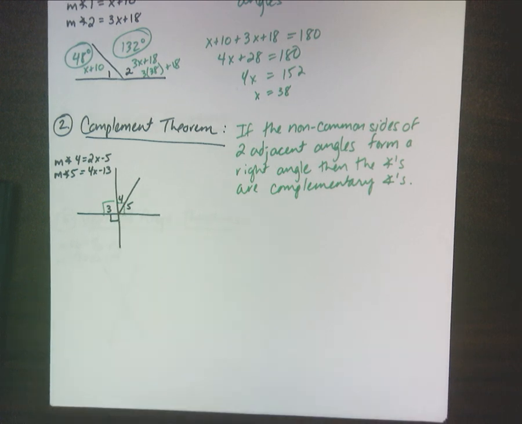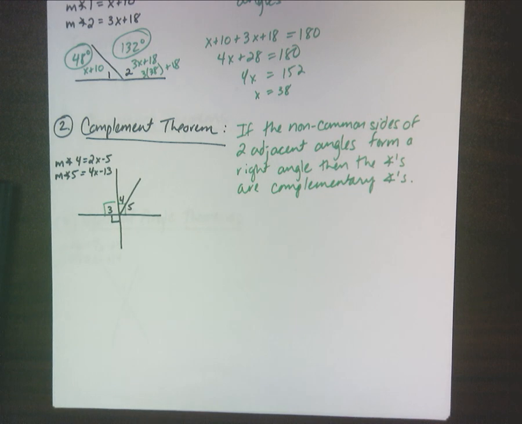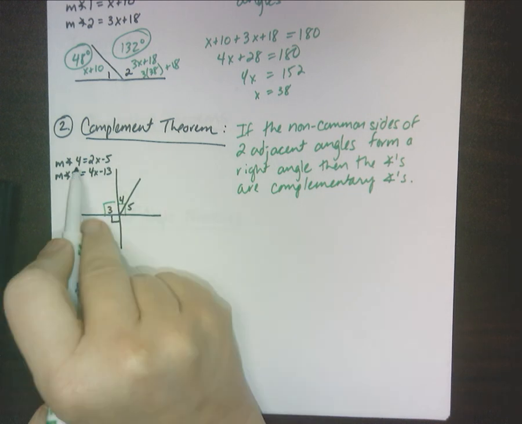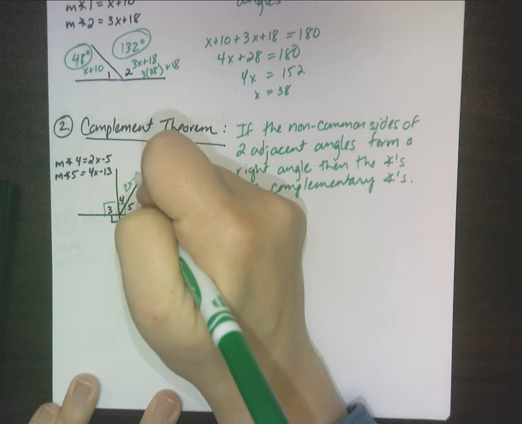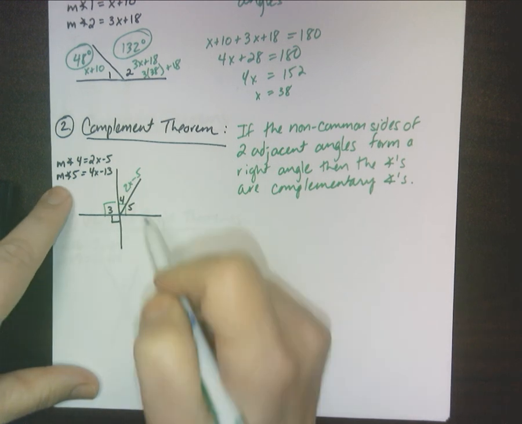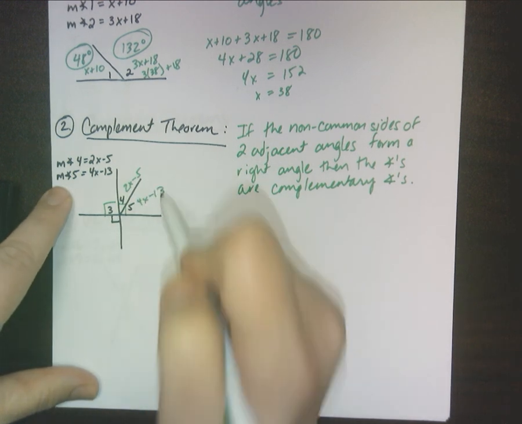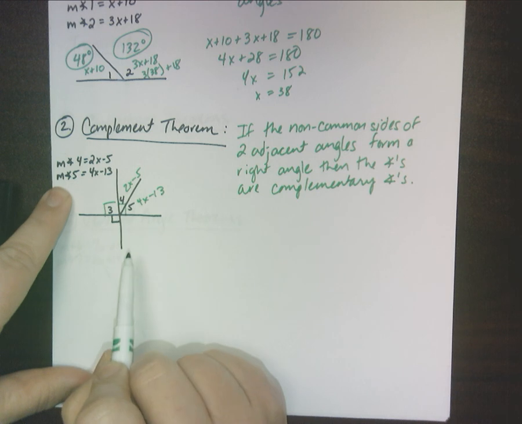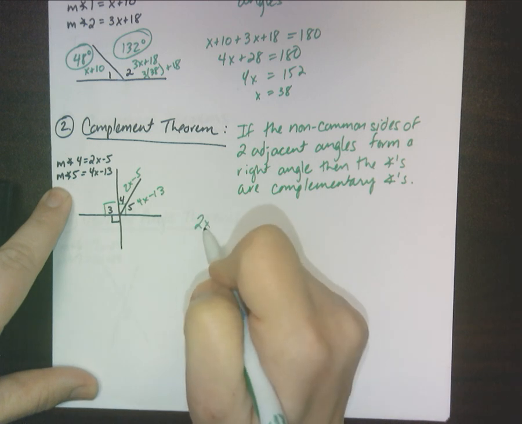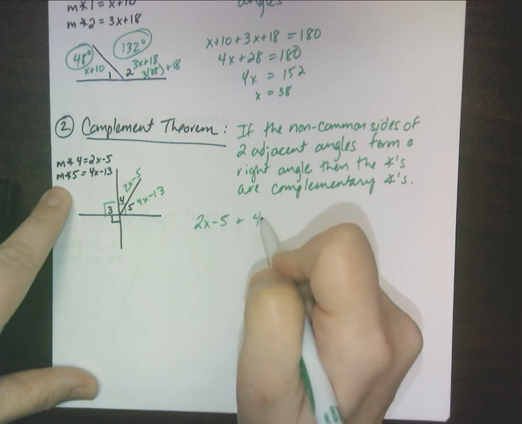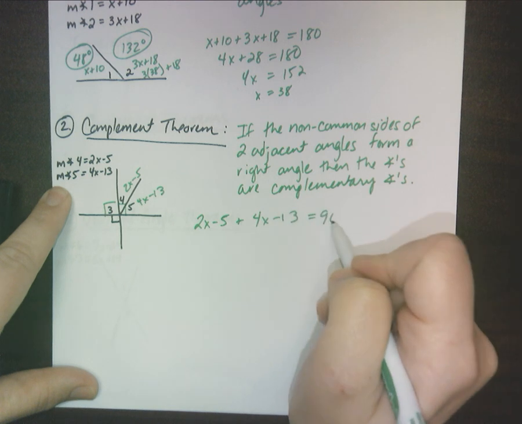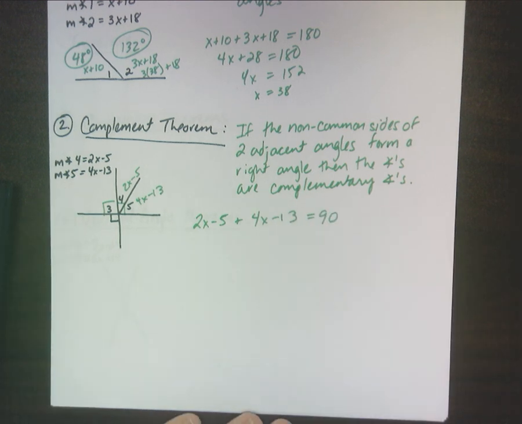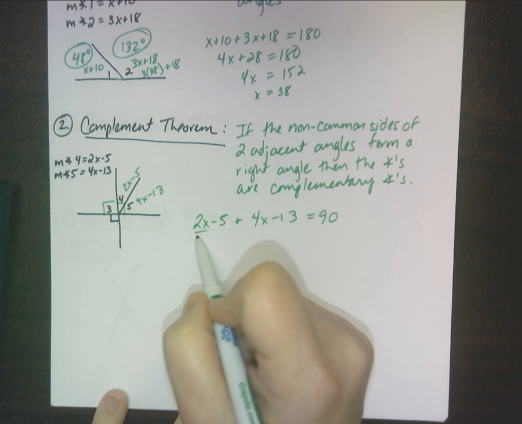So I know that these two must be making 90 degrees together. So if the measure of angle 4 is 2x minus 5, and the measure of angle 5 is 4x minus 13, those two together, if I add them together, must make 90 degrees. And then it's just some simple algebra.